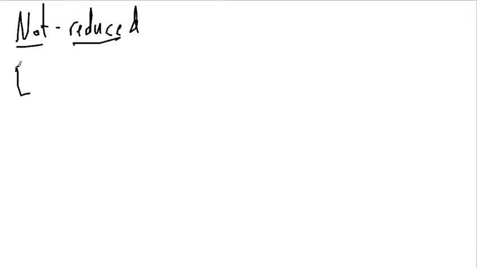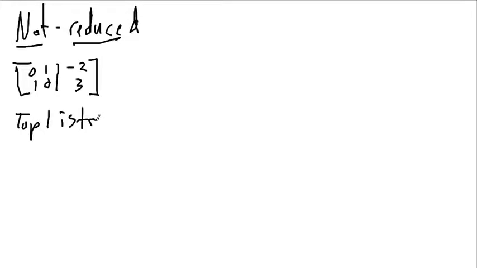So for example, this guy is not reduced. Why? The top one is to the right of the bottom one.